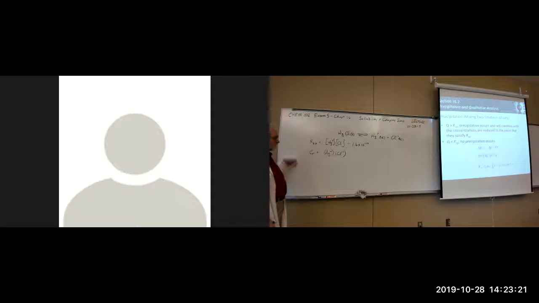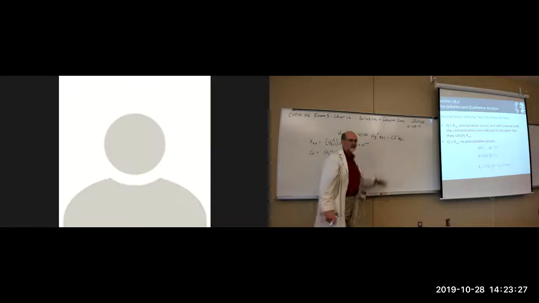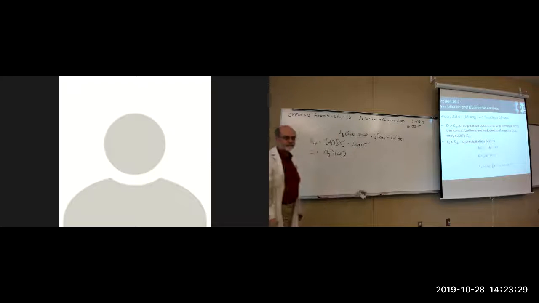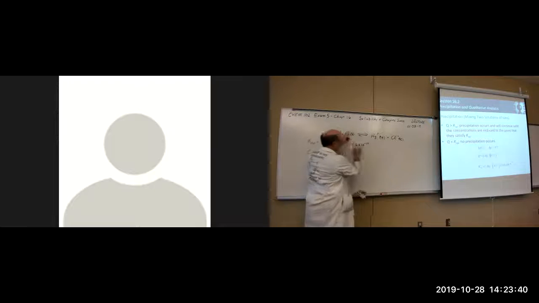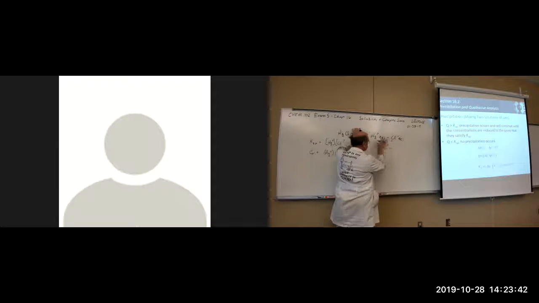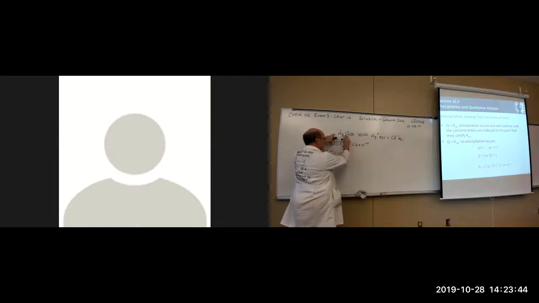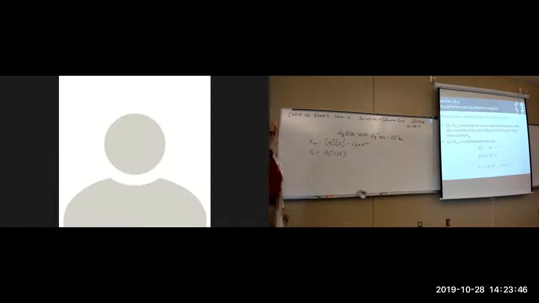But it's basically the same idea. If Q is bigger than KSP, that means we've got too much silver and too much chloride. That's the short version. So if we've got too much silver, too much chloride in solution, we're actually starting with this side, not that side. So if we start with this side and we got too much of that, we're going to get some of this. So the silver chloride will precipitate.